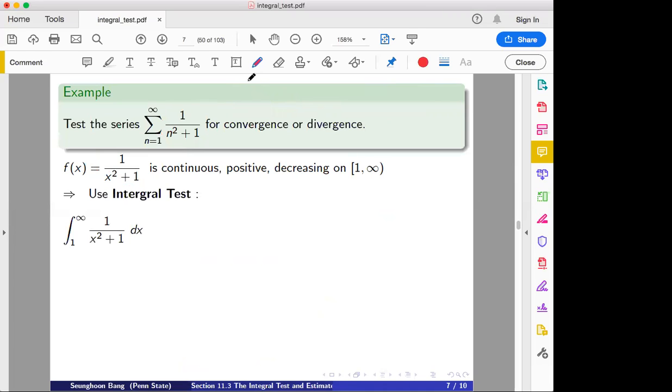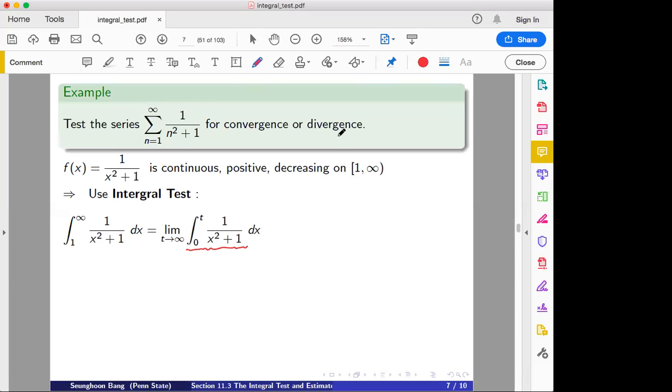Take the integral from 1 to infinity of 1 over x squared plus 1. You can change it to a limit of a definite integral: limit as t approaches infinity, integral from 1 to t of 1 over x squared plus 1 dx. So what is the integral of 1 over x squared plus 1 dx?